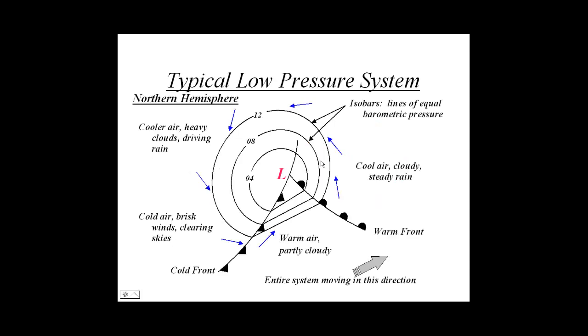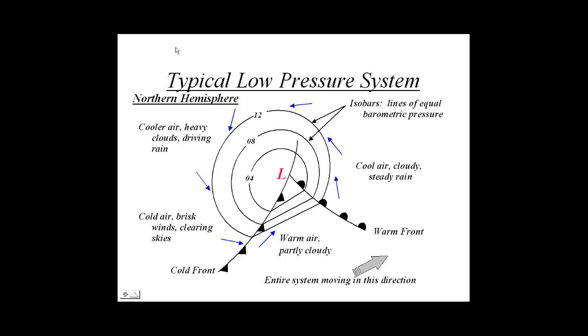Now here's more of the structure of a low pressure system, northern hemisphere. And low pressure systems are generally formed by the collision of a warm air mass and a cold air mass. And where these two come together, it eventually develops into a circular pattern.